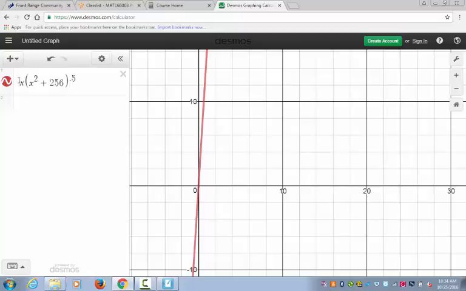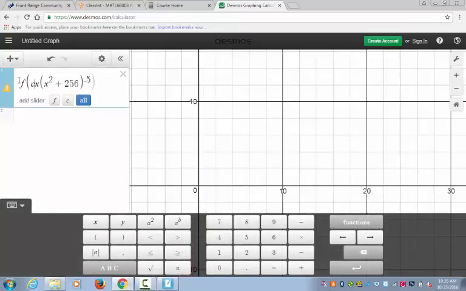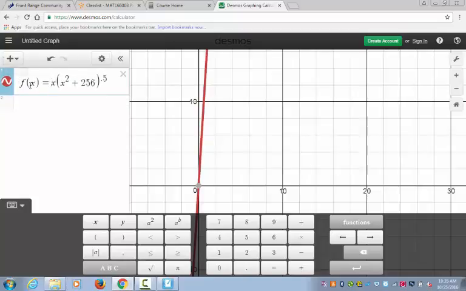So here's a couple of things I could do. I don't see the graph up there. I'm going to label this, using functional notation to call it f. And then I want to see where the point is when I plug in. I'm going to make a point, capital P: 16, comma, f of 16.